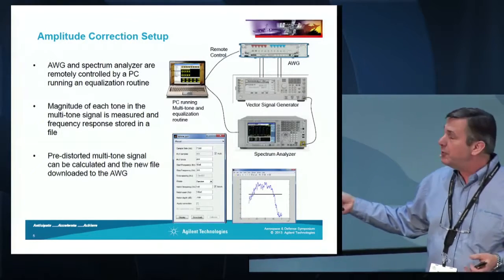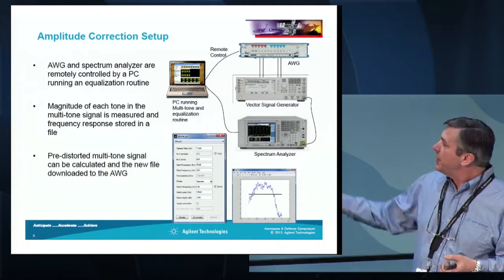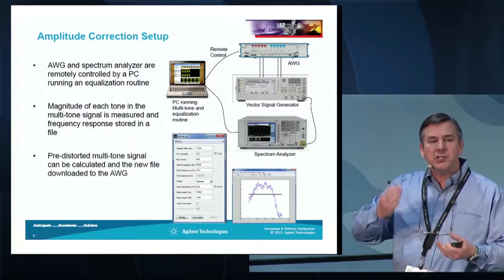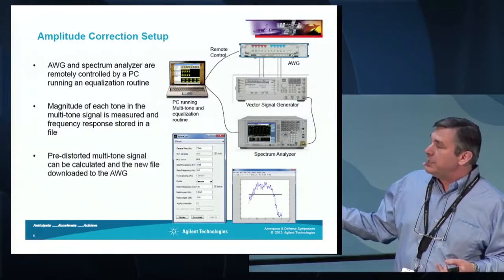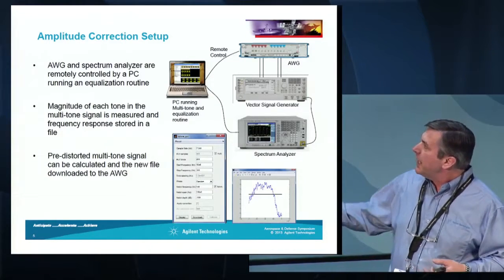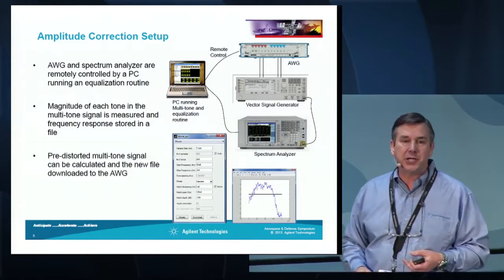It could be an oscilloscope, but a spectrum analyzer gives us the best dynamic range, and we correct the signal. We make narrowband measurements all along the bandwidth of interest. We pre-distort, or correct, or calibrate our waveform, and then we download that corrected waveform into the arbitrary waveform generator.